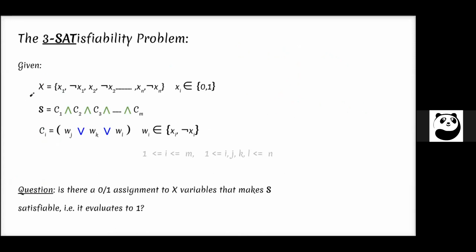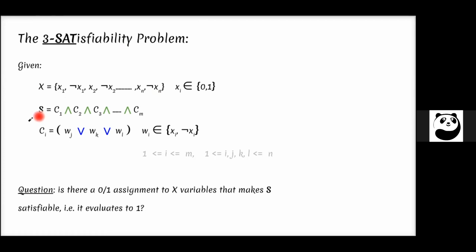We are defining the three-SAT satisfiability problem now. When we're defining a problem, we introduce a bunch of elements followed by a question. So X is a set of Boolean variables, n of them, and their negations, each variable and its negation. S is a Boolean formula.